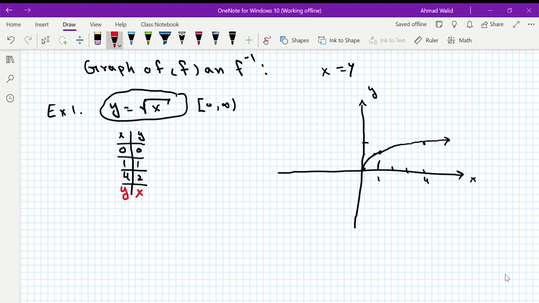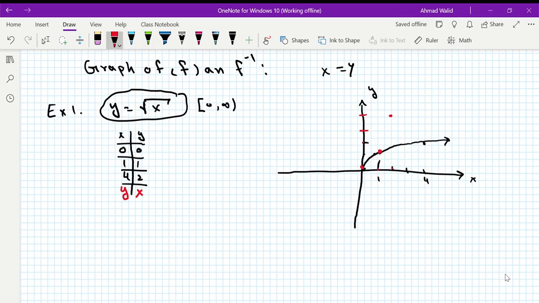Now, what I do, I'll just graph this. x 0, y 0, same thing. x 1, y 1, this point, the same. x 2, y 4, x 2, y 4, 2, 3, 4. x 2, y 4 is here.